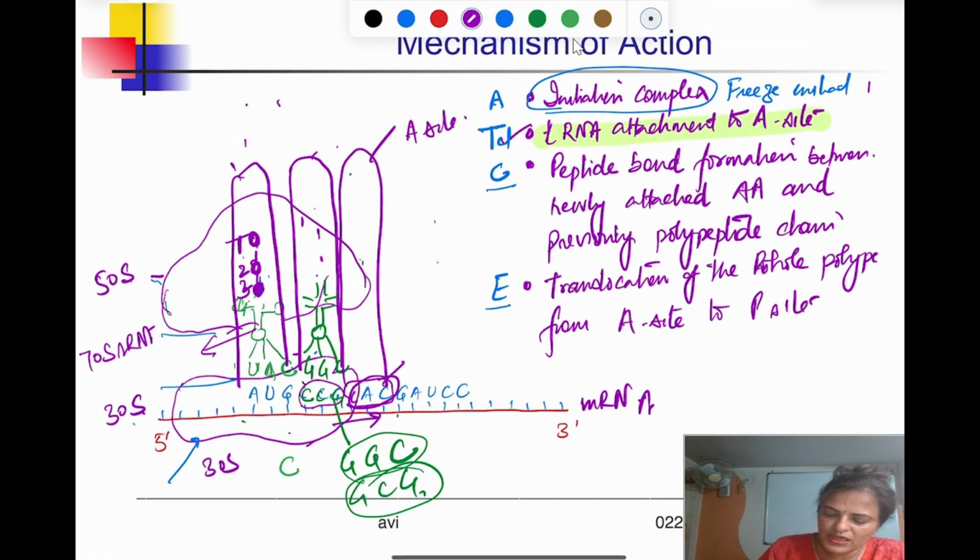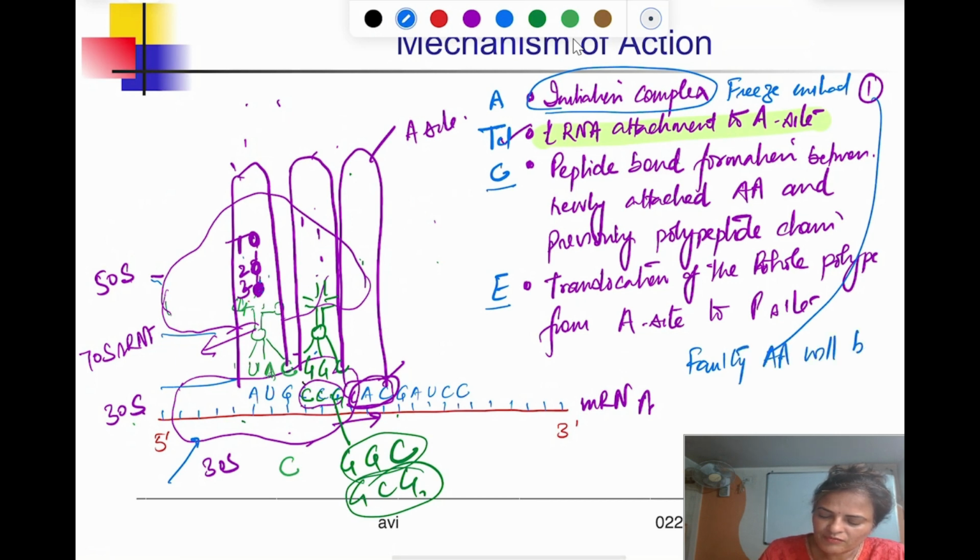What will happen? That is one thing. The second one is that a faulty amino acid will be attached and wrong protein will be synthesized. Because of that wrong protein, what is it going to do? It is going to disrupt the bacterial cell membrane.